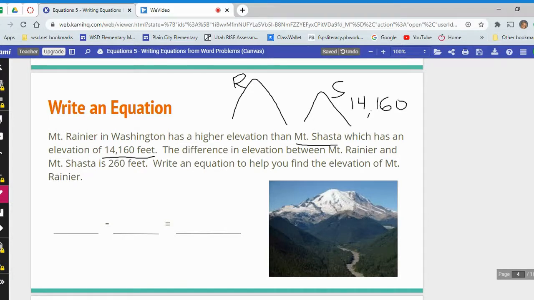14,160. The difference, ooh, that keyword difference, tells us we're going to subtract. So from here to here, the difference in their heights is 260. And it says, write an equation to find Mount Rainier. So this is our missing.